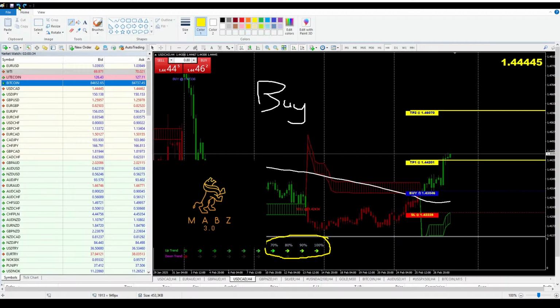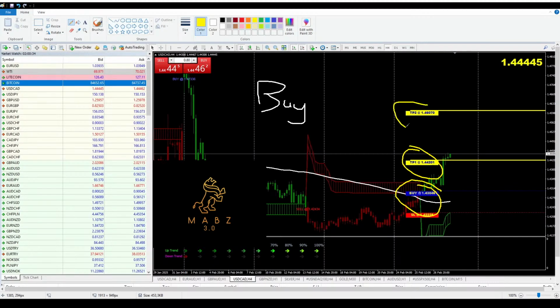So that's the second step. First step, identify where the market is in relation to the 100 moving average. And then the second step is we need to see this volatility meter. It has to be above 70%. It can be at 70 or more. Once those two factors have been identified, then we can look at the trading levels.